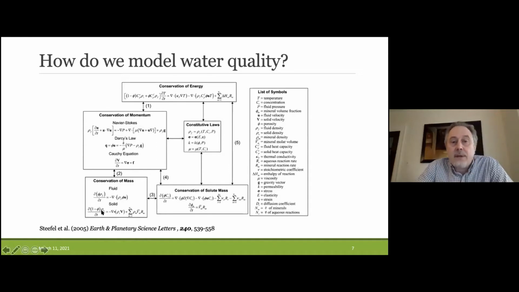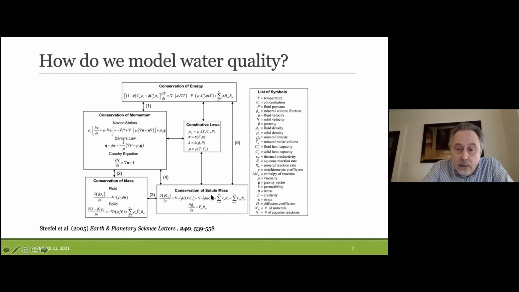And then if we're talking about a chemical constituent, or even a biological constituent, for instance, bacterial numbers or pathogen numbers, we're dealing with the conservation of mass. And in particular, the equation, the conservation of solute mass here, you see a bunch of terms on the right-hand side that deal with the mixing and the transport of the constituent.